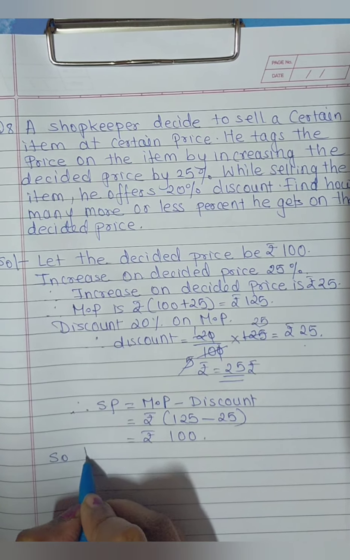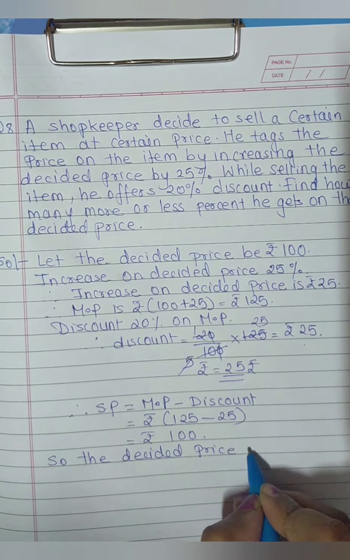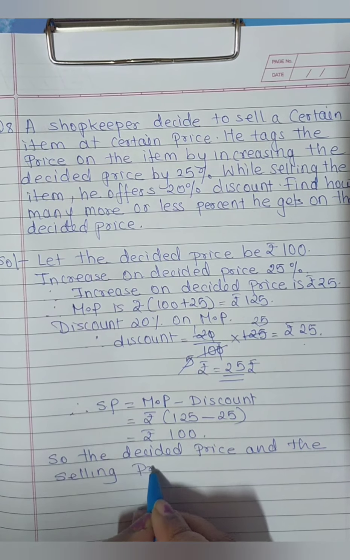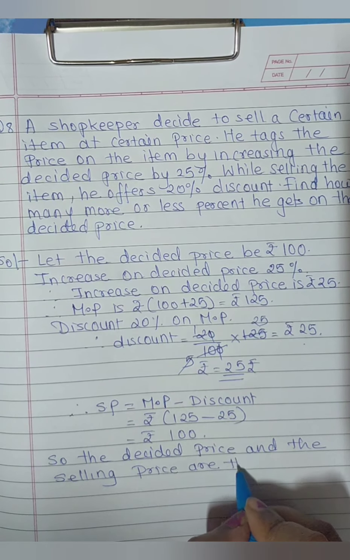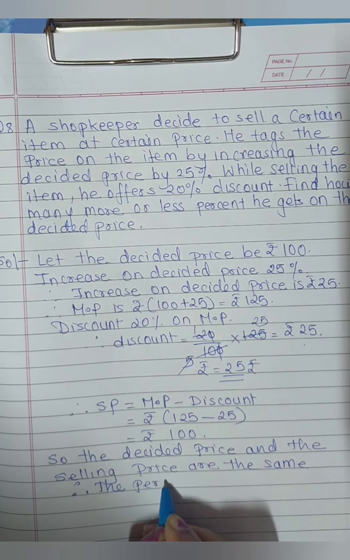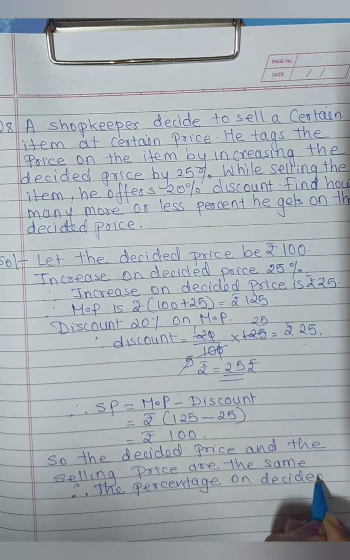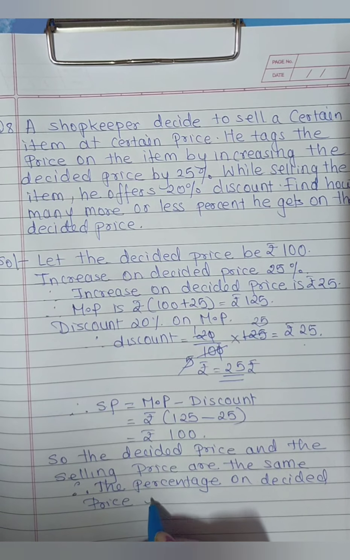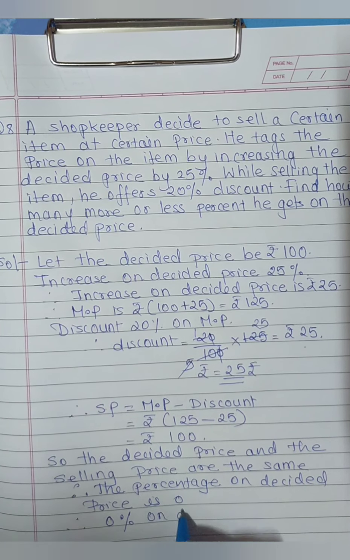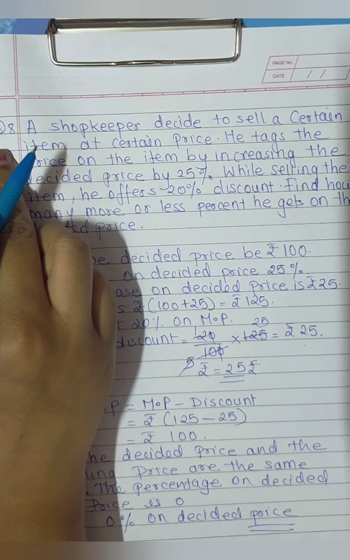Okay, so the decided price and the selling price are the same. So therefore the percentage on decided price is 0. So therefore 0% on decided price. Okay, we got the answer for question number 8.